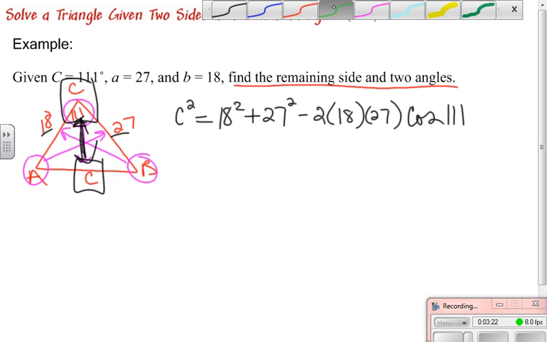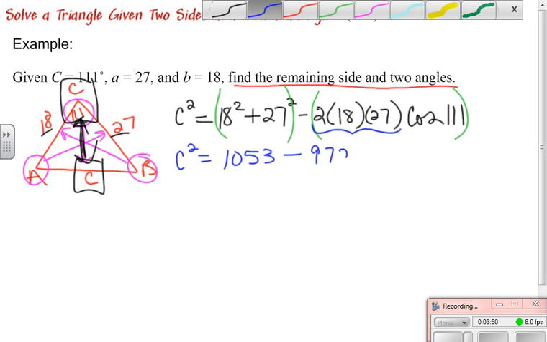Now, order of operations: these two and this have to happen in that order. So when you work your order of operations here, we end up with 18 squared plus 27 squared, which is 1053, minus, when you multiply those 3 together, you get 972 times the cosine of 111.